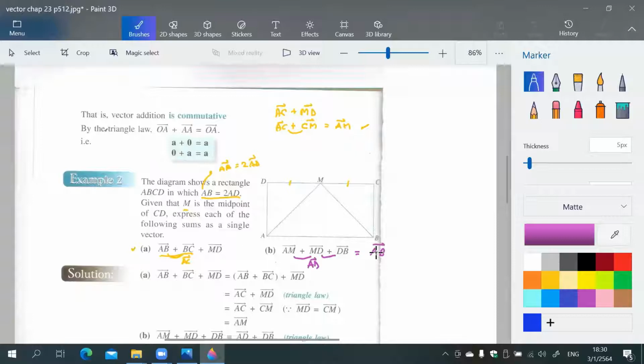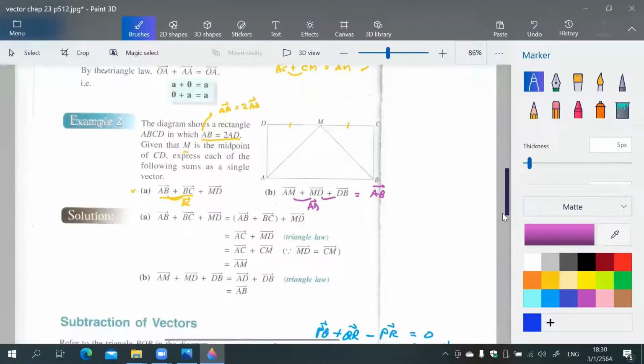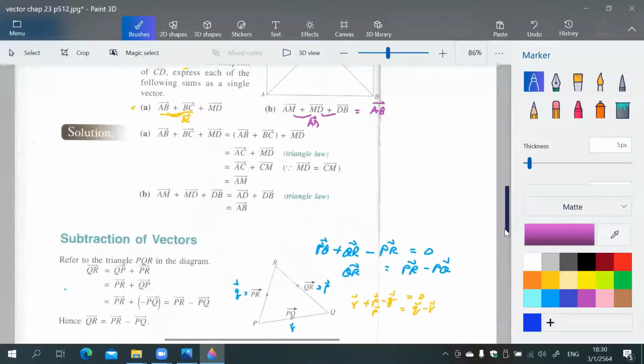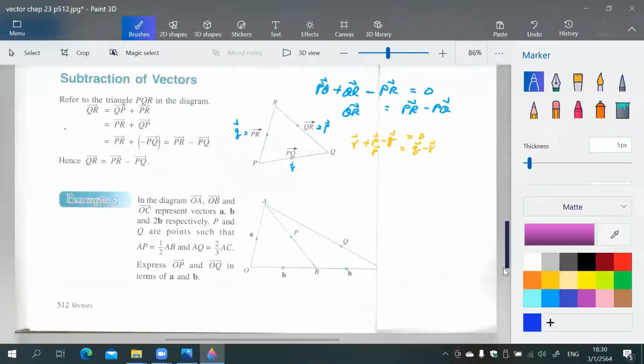So this is the final answer. Finish for this example. It's the triangle law.